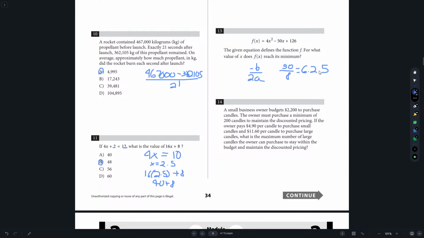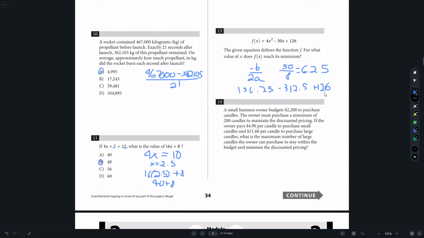So if we plug that back in, 6.25 times 6.25 times 4 is 156.25, minus 50 times 6.25 is 312.5, plus 126.